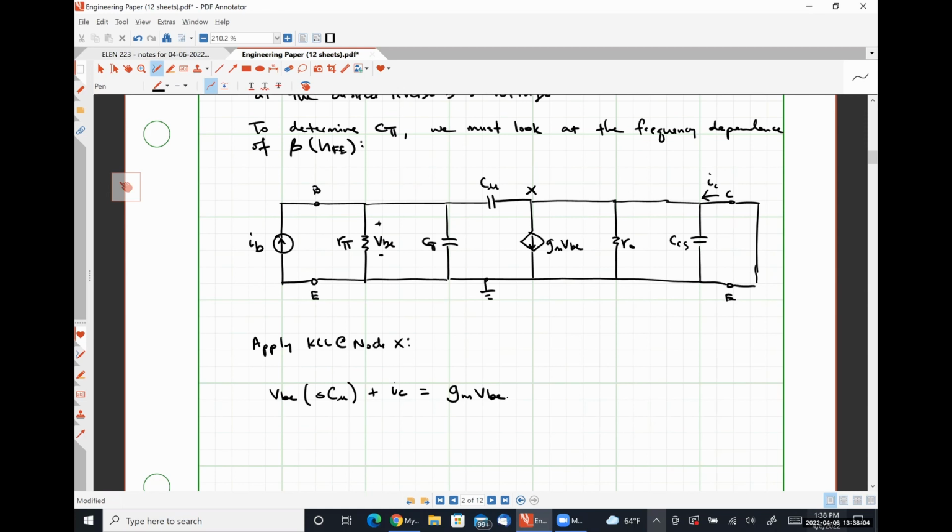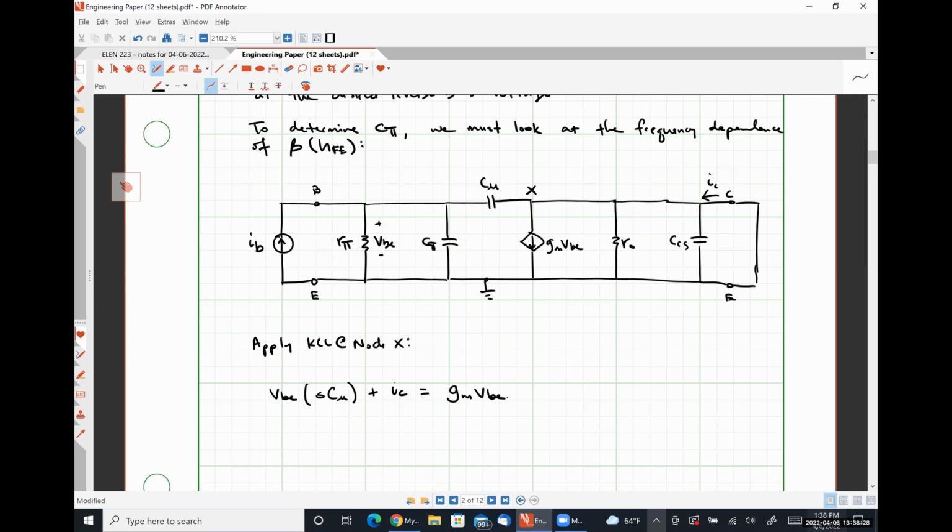Yeah. S is the Laplacian operator S because we're in the frequency domain. So instead of using J omegas and all that kind of stuff, we're going to simplify by just using S. Anywhere we had a J omega, we're just going to put S because that's less writing.